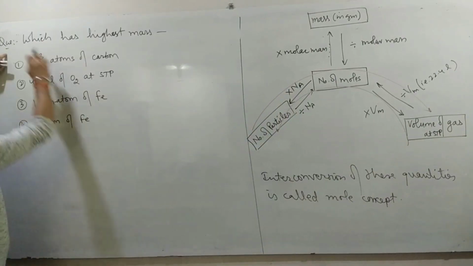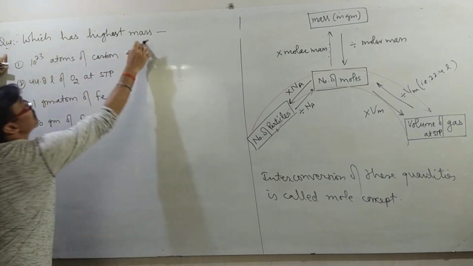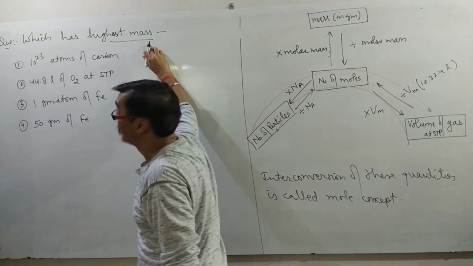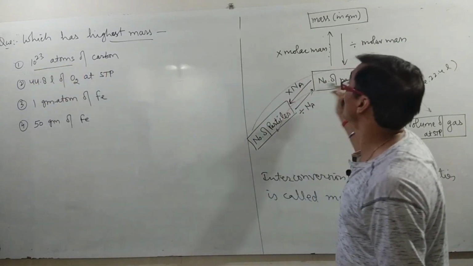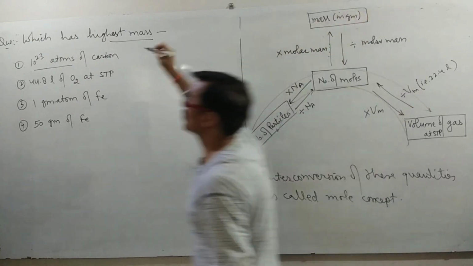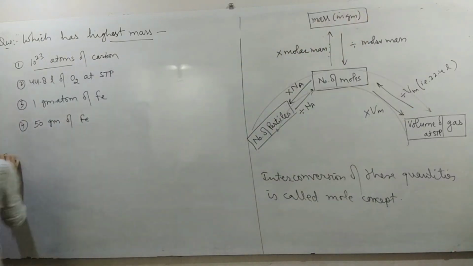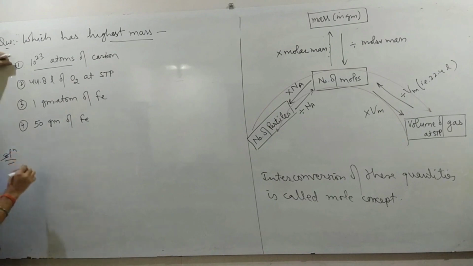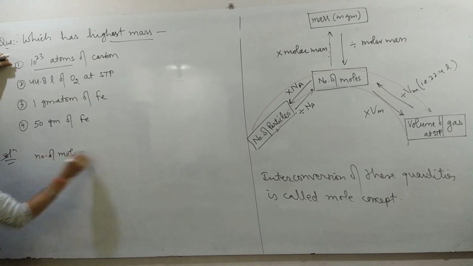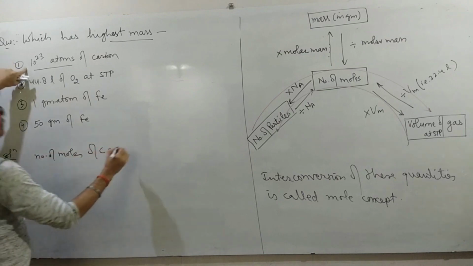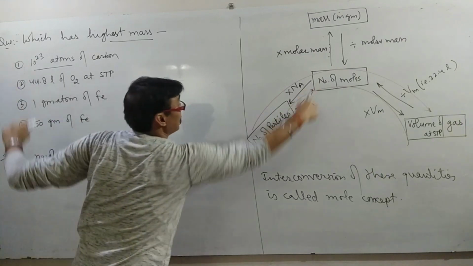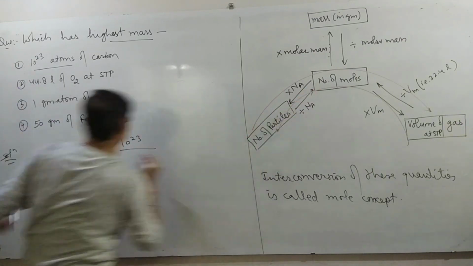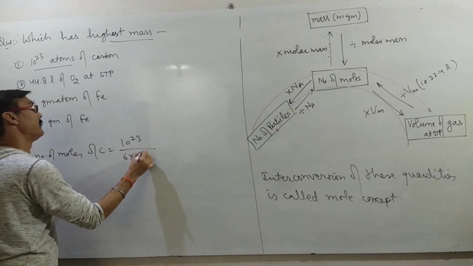Now guys, question: which has the highest mass? We have to find mass from number of atoms. So, number of atoms to mole to mass. First of all, to solve this question, we have to find number of moles of carbon: number of atoms divided by Avogadro constant, 6 into 10 to the power 23.